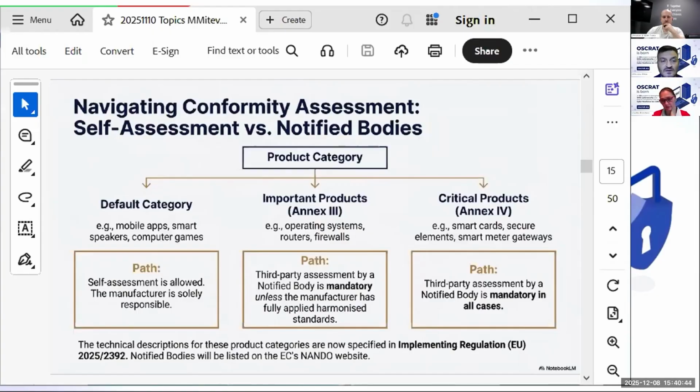For critical products in Annex 4, a notified body must always be involved. These rules give more clarity on how the conformity process works. They also help manufacturers understand how much external testing is required.